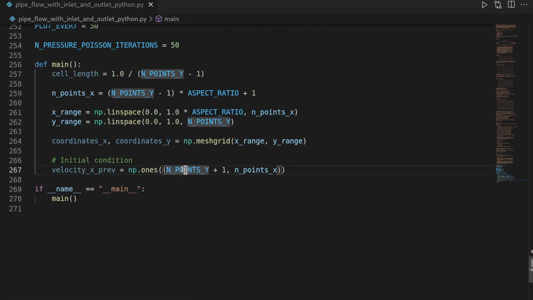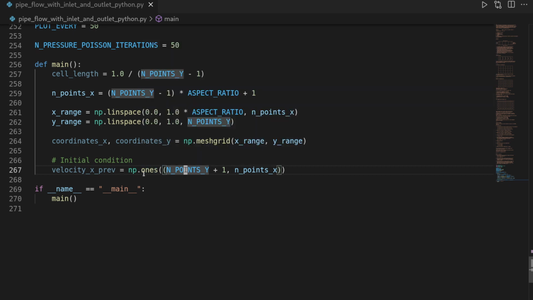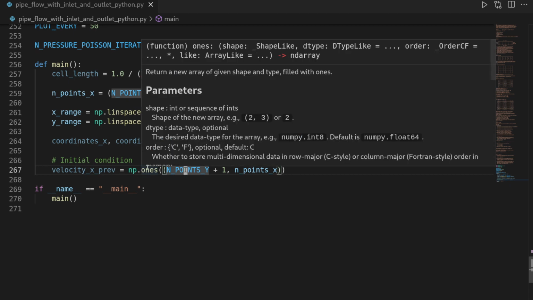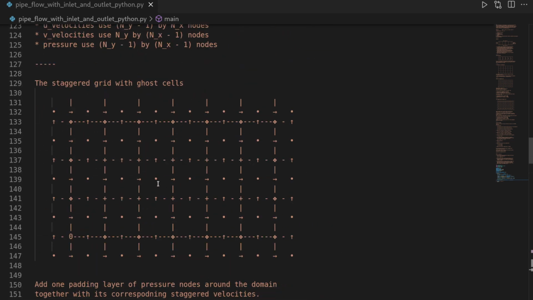And then, of course, we don't have ones on the boundary, so we have to account for the wall boundary condition. And this one is going to be a little bit more complicated now, but let me introduce. The problem here is that our velocities are not directly on the boundary. So we can't directly prescribe the wall boundary condition. So the X velocity, at least in the top edge and also in the bottom edge, is not staggered on this edge.